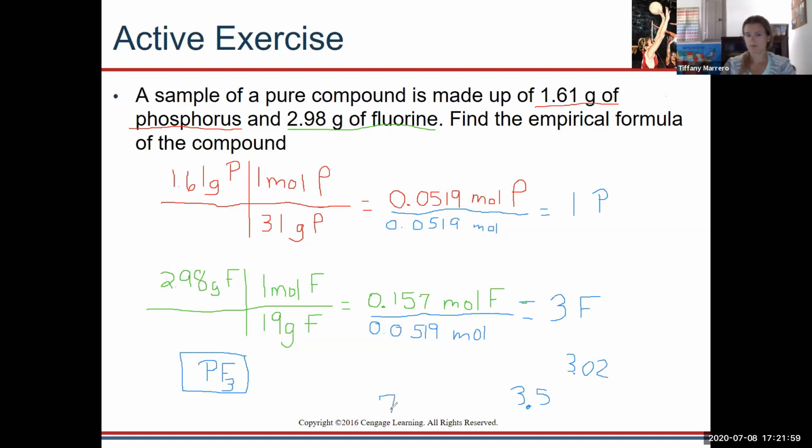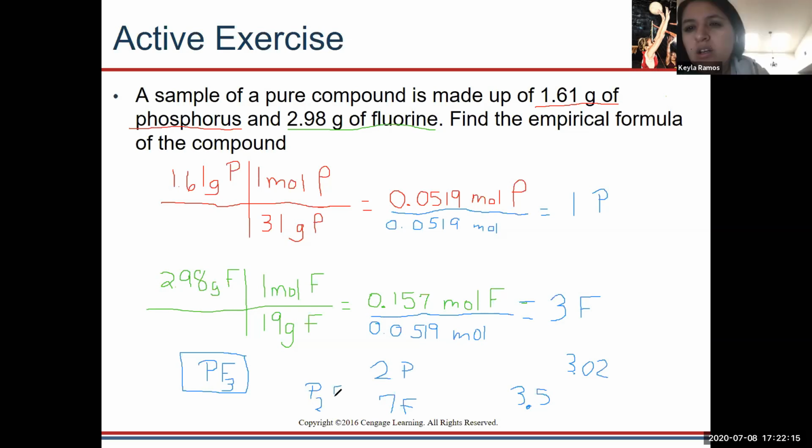So then you would have 7 fluorines, but then you'd also have to do the same thing to your phosphorus. So then it would be 2. So then your empirical formula would be P2F7.